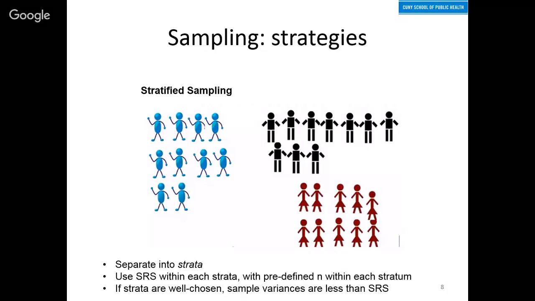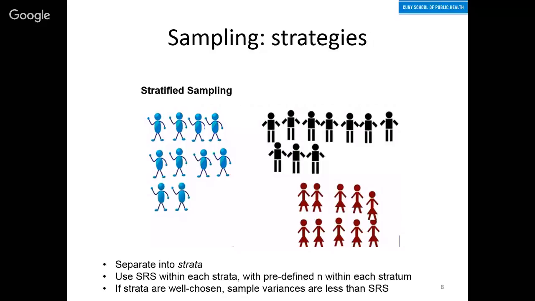Stratified sampling is a way of improving or assuring the balance of certain elements of interest in your samples. So rather than giving everyone an equal probability of being sampled, you can do things such as ensure a particular age representation in your sample by first taking a random sample of people who are from 20 to 29-year-olds, and then another sample of a given number in the 30 to 39-year-old range.